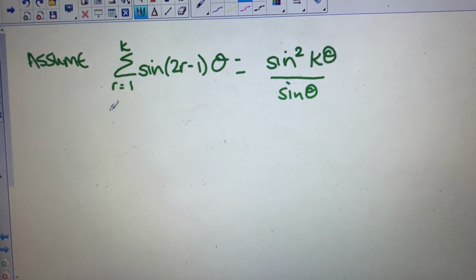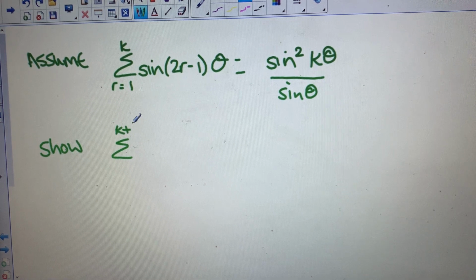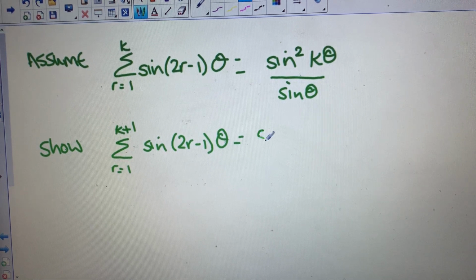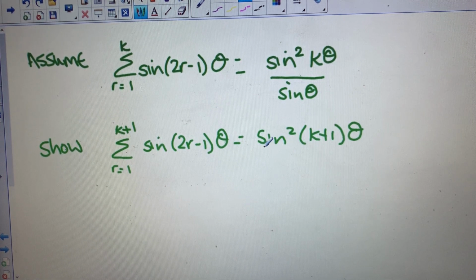And what I need to show is the sum from 1 to k plus 1 of sine (2r minus 1) theta is equal to this. Okay, that's what I need to show.